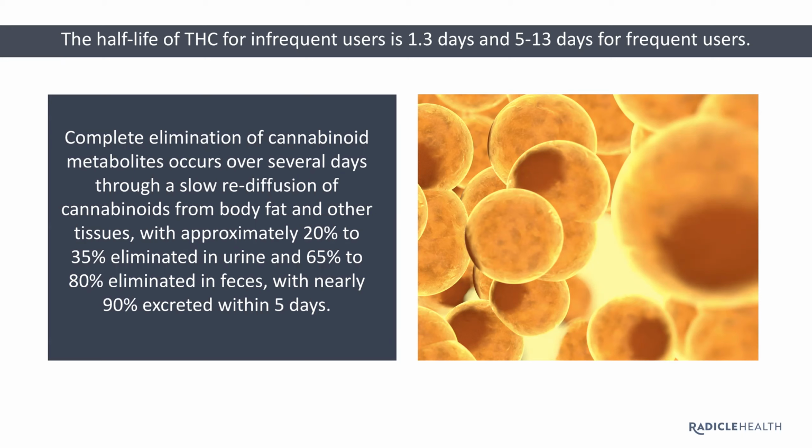Withdrawals can be mild to severe; sometimes people can have diarrhea, insomnia, night sweats, vomiting, nausea, headaches, irritability. The best way to avoid that is to help them titrate down slowly off their cannabinoid products.